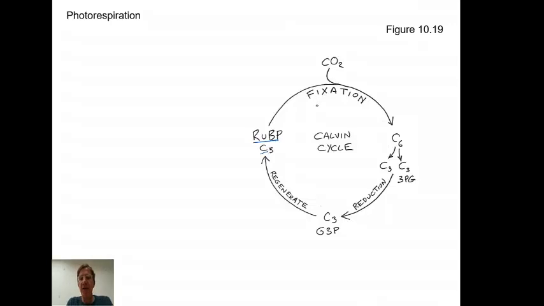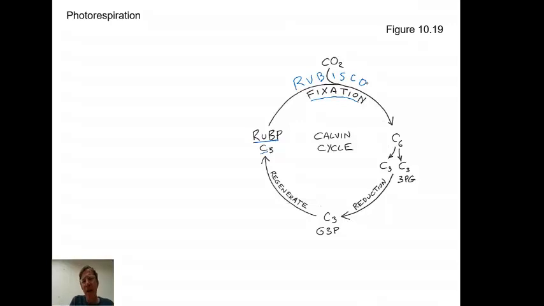In the first step, which is fixation, we take atmospheric CO2 and add it to RuBP, and the enzyme that does this is Rubisco. Some people call this the most important enzyme on the planet. I tend to agree. It stands for ribulose bisphosphate carboxylase oxygenase, and it's really important because it does this fixation step for the Calvin cycle.